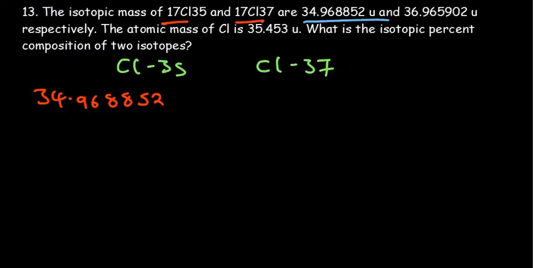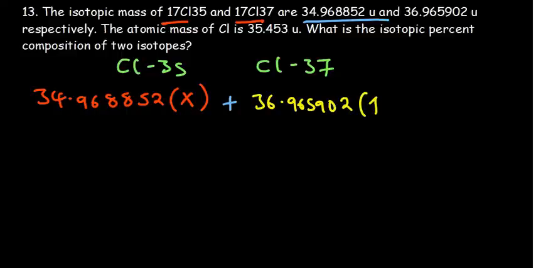We'll take its percentage to be x, plus the other one, 36.965902, which we'll take to be the difference from 100, so 1 minus x.